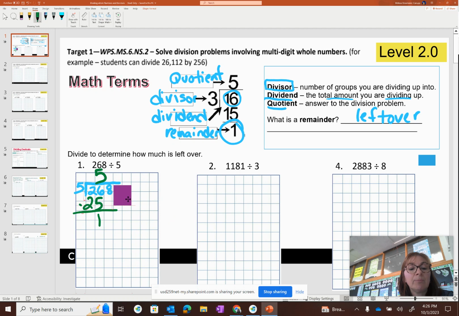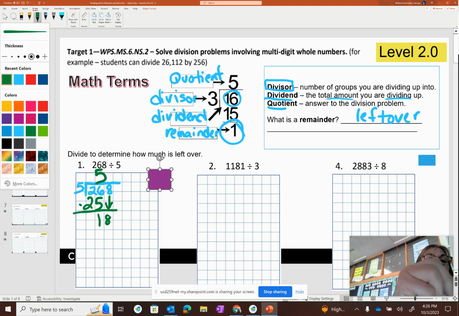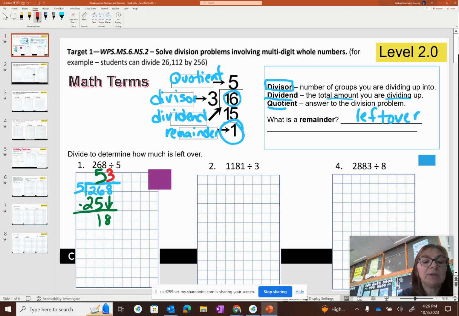So now I'm going to move my sticky note over, and I'm going to bring down the 8. This happens to be my last number, so I can move that sticky note way out of the way. And then I'm thinking about, can I make any groups of 5 with the number 18? And I know that I can make 3 because 3 times 5 is 15.